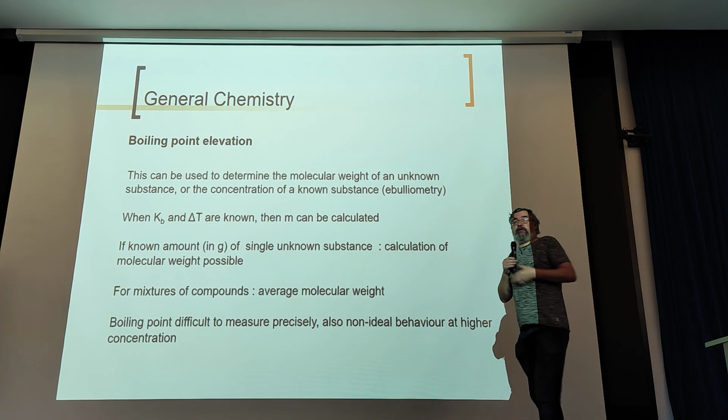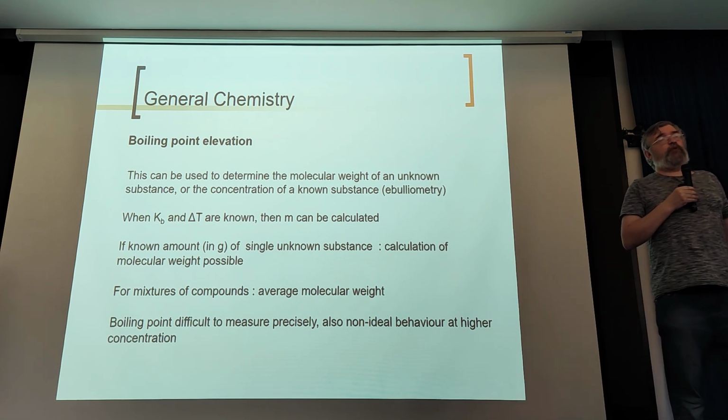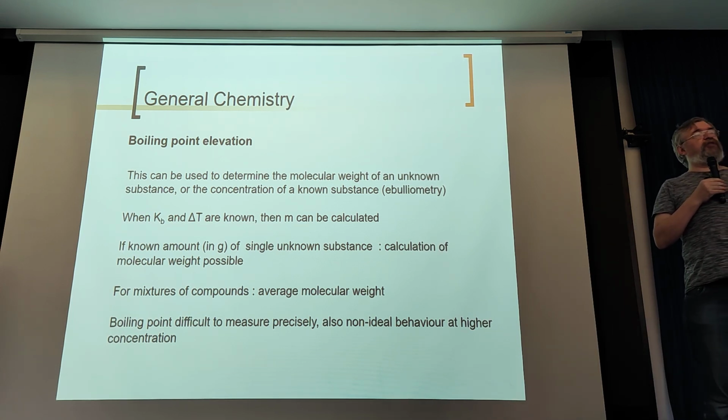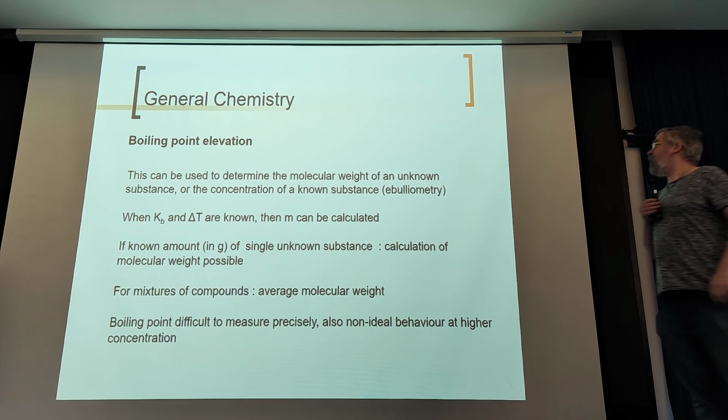So for instance, we could calculate the molecular weights of a certain unknown substance by looking at, okay, we dissolve so much gram of this compound in this solution and we see the effect on the boiling point. And then from that we can see, okay, what is the concentration? If we have the concentration and we know the amount of gram, we can calculate it back to the molecular weight.